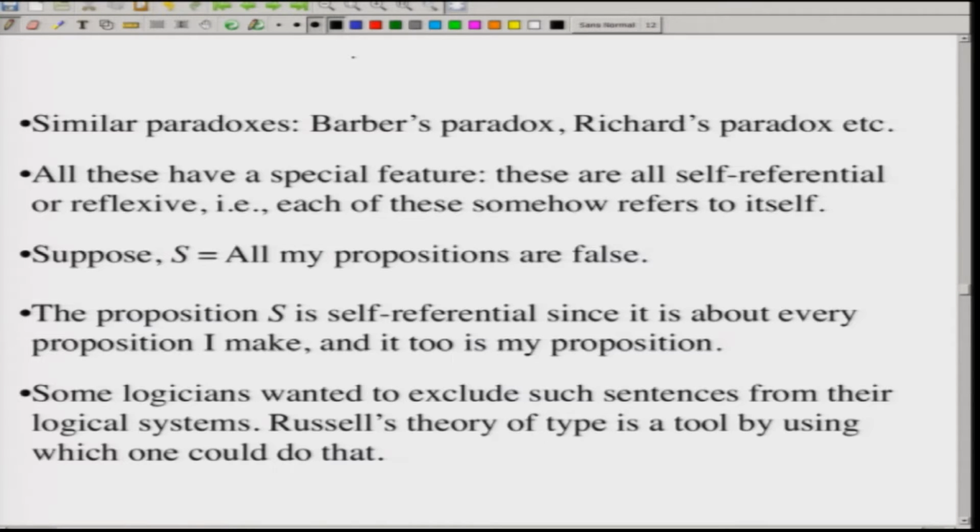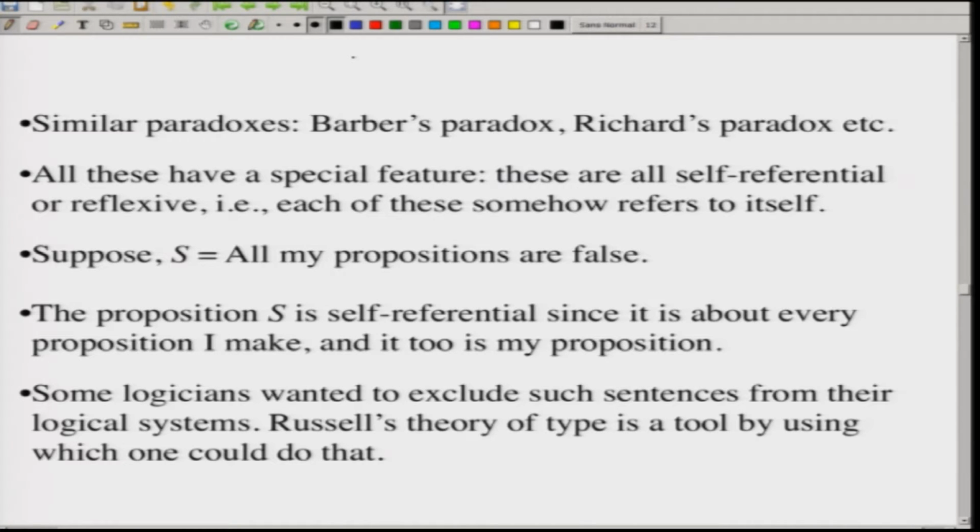There were many other paradoxes like the liar's paradox, like the barber's paradox, Richard's paradox, and so many others. We need to first study these paradoxes in order to understand them. They have a very special feature: they are all self-referential or reflexive, which means that each of them somehow refers to itself.